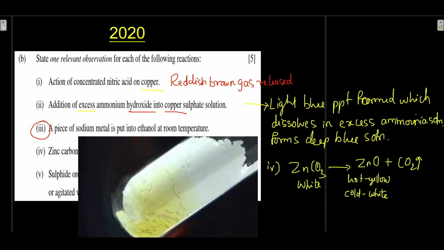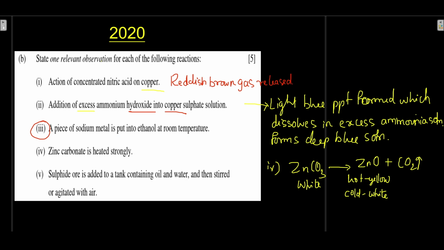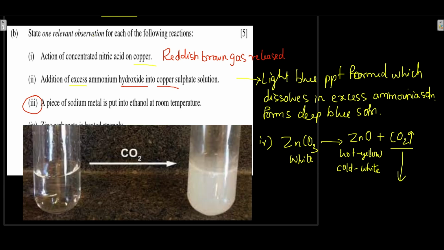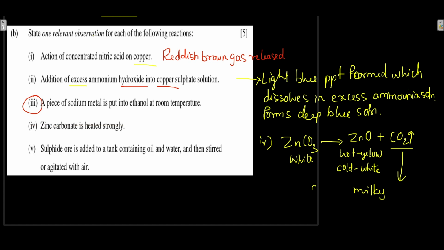The residue which is yellow when hot and white when cold is formed, or you can write the observation for carbon dioxide. Carbon dioxide, what you will write? Lime water test. So it turns lime water milky, but this test is also shown by SO2 gas, so that is not good.